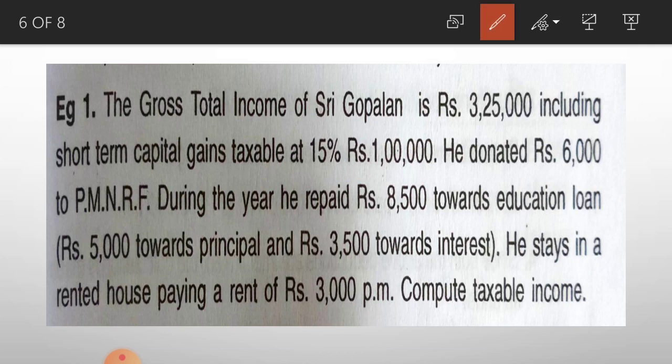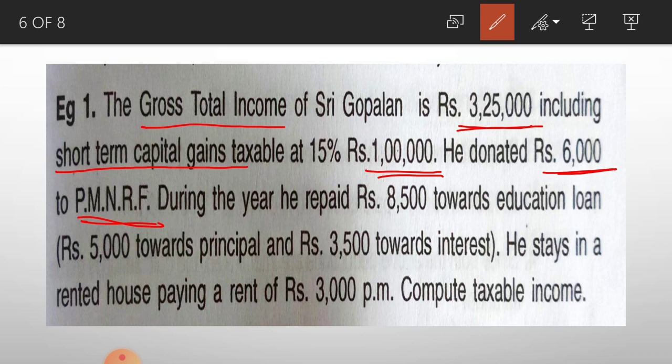See the problem. In this problem, gross total income is given, that is 3,25,000, including short term capital gains of rupees 1 lakh. You have to consider this short term capital gain to calculate adjusted total income. He donated 6,000 to Prime Minister's National Relief Fund. Prime Minister National Relief Fund is a donation without limit. 100% deduction can be allowable to this item, that is rupees 6,000.